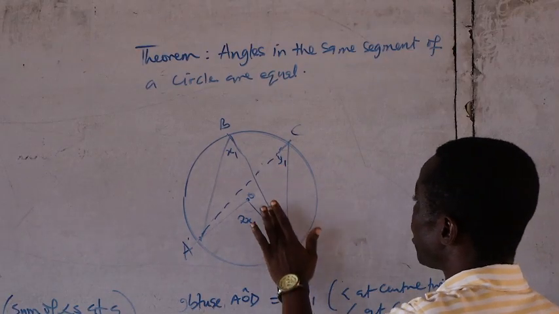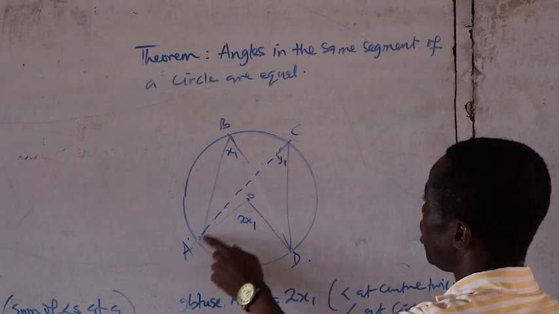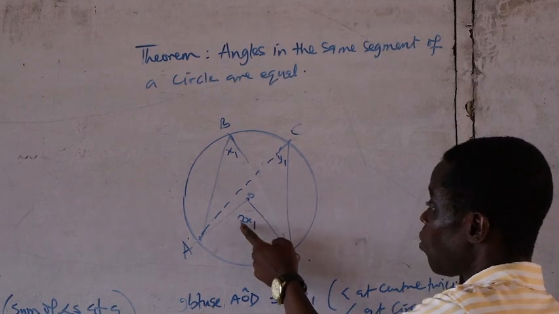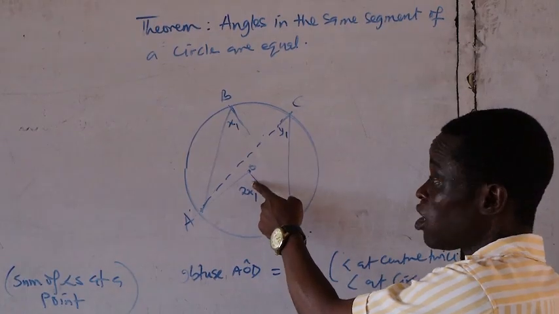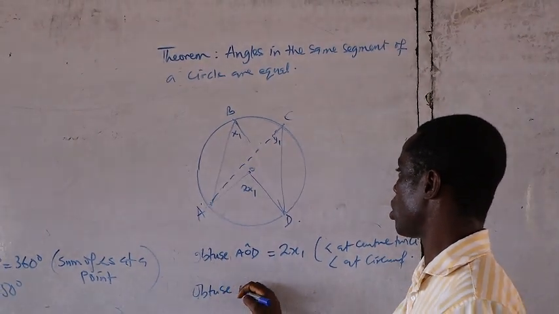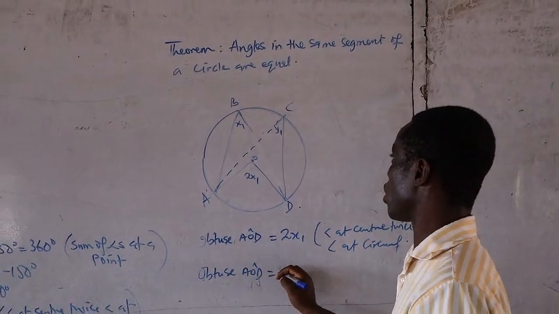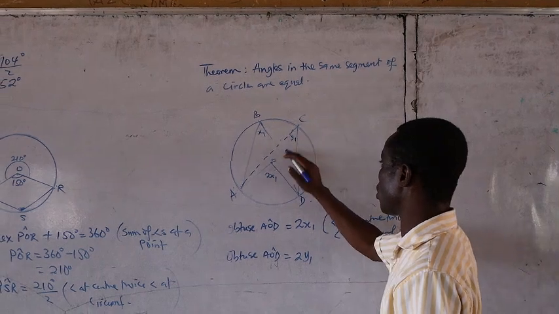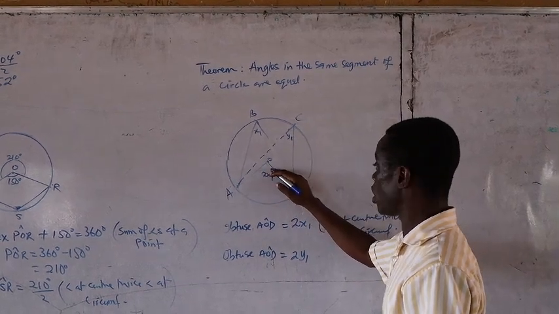Now to this diagram, when you have ACD, this is angle at circumference, while this one is angle at what? Center. So I can still say obtuse AOD is now equal to 2y1. That is, times 2 of this will give you AOD.